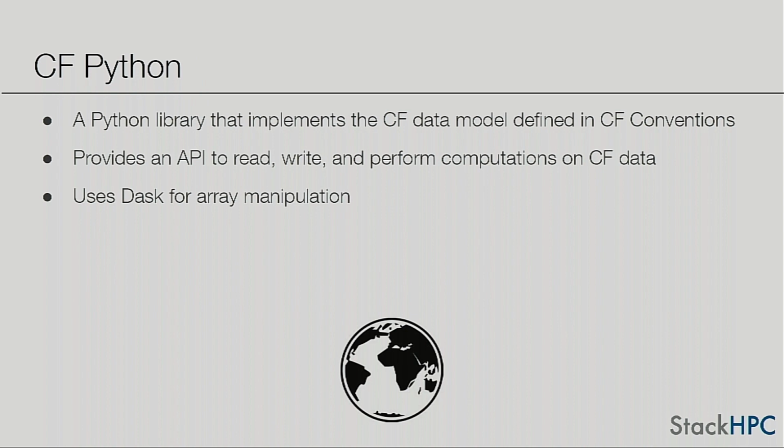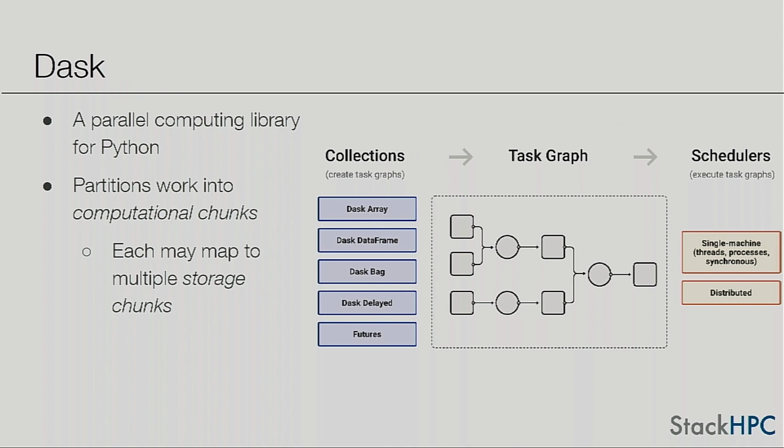There is a library called CF-Python that implements this CF data model, and it gives you an API to do reading, writing of the data, and also to perform numerical calculations using Dask. What is Dask? It's a parallel computing library written in Python. It allows you to split a problem into separate computational chunks.